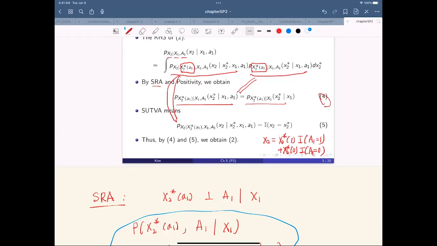As long as you know the potential outcome and you know the choice, then you know the outcome, right? Realize the outcome without any error. So that's basically this, because we know that this guy, the potential outcome x2 star a1 for capital A1 equal to small a1, is x2 star.